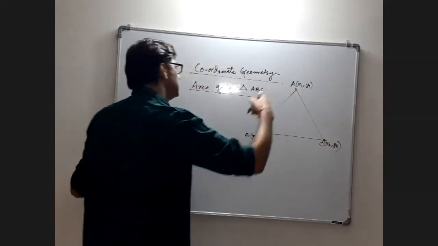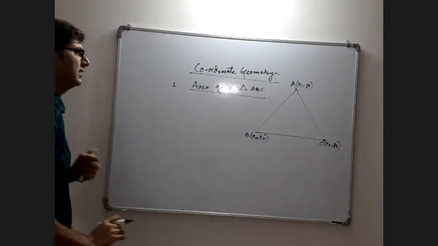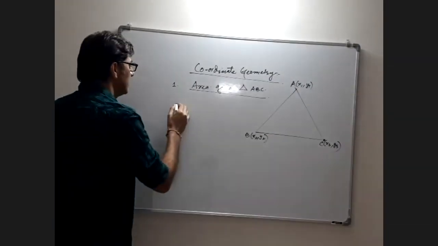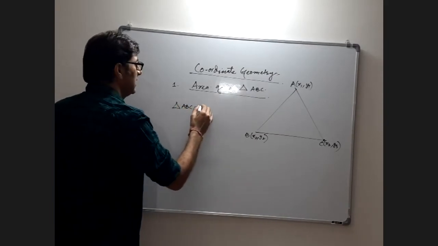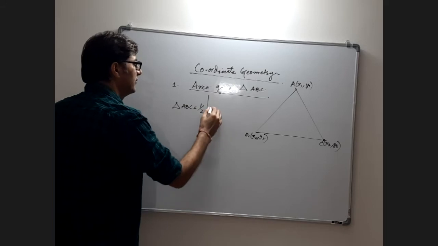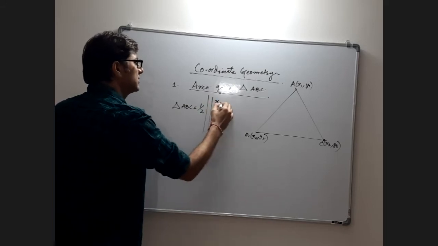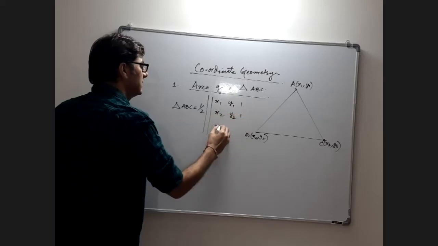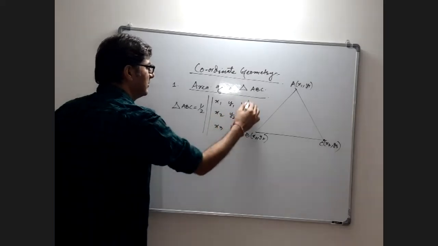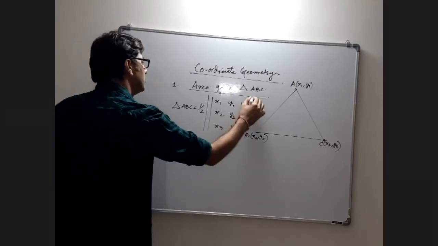So the vertices of the triangle ABC are given. Now we have to find the area of the triangle. You all would be knowing that the area of a triangle ABC is equal to half modulus of the determinant with rows x1, y1, 1; x2, y2, 1; and x3, y3, 1. This is one part of it. We have to take the modulus.